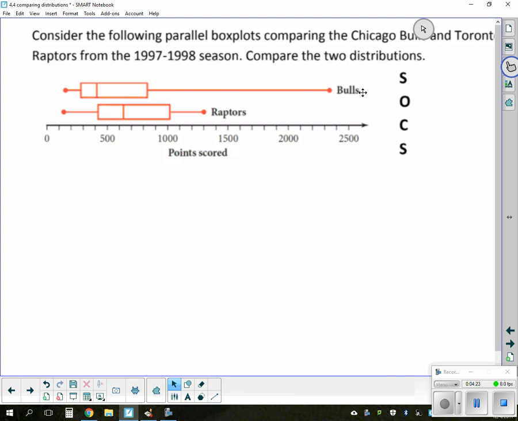Skewed left, skewed right? Well, I'd say the Bulls, that's skewed right. Most of your data is here on the left side. 75% is here, and then this 25% skews way out. For the Raptors, I'd say that's pretty symmetrical. I'm just making notes over here before I write myself a nice, neat paragraph about it.